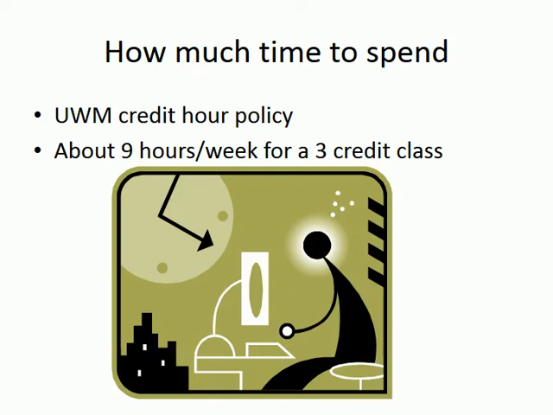The graduate assistants and I will be contacting you if we notice that your participation is lagging or your performance is suffering. If you find yourself spending substantially more than 9 hours a week for this class, please let me know so I can help you to negotiate the class more efficiently.